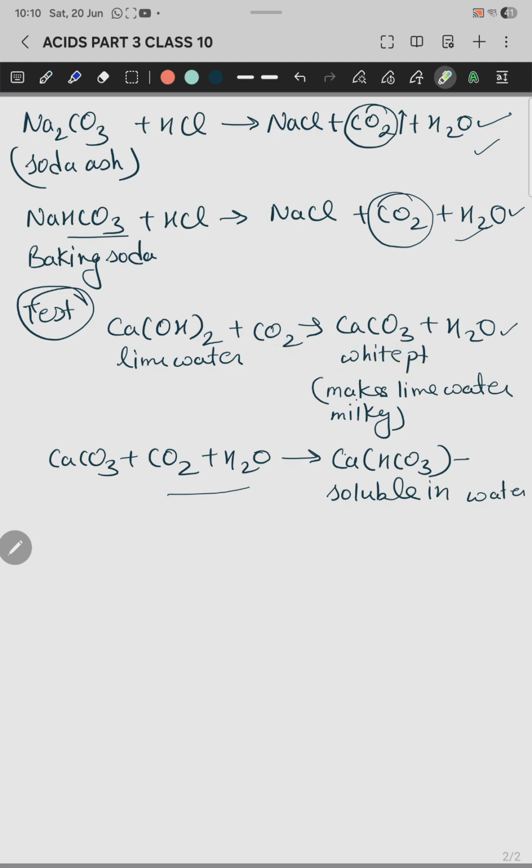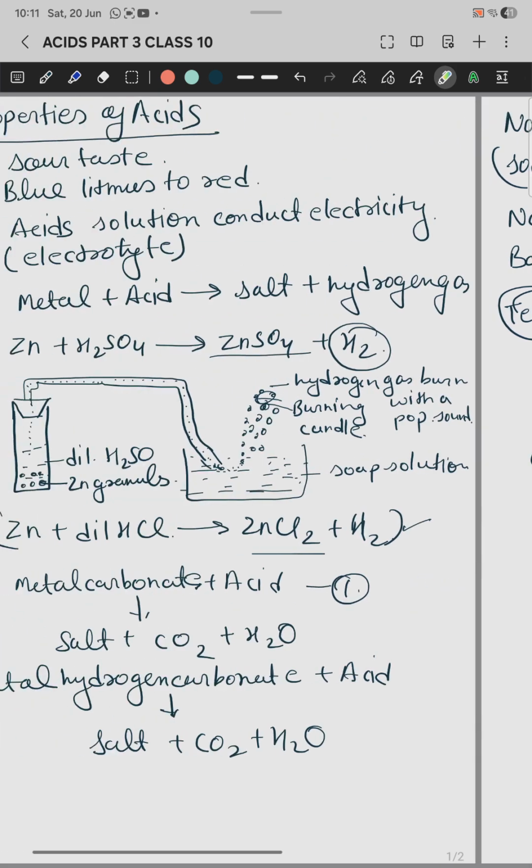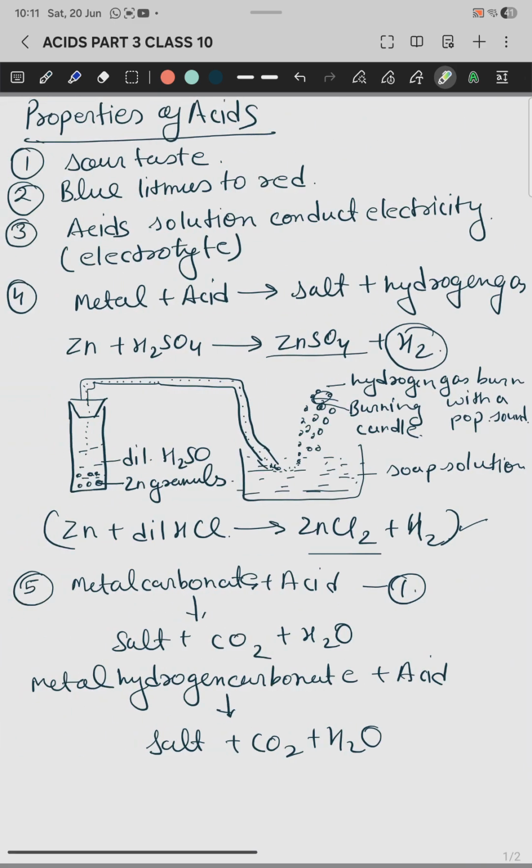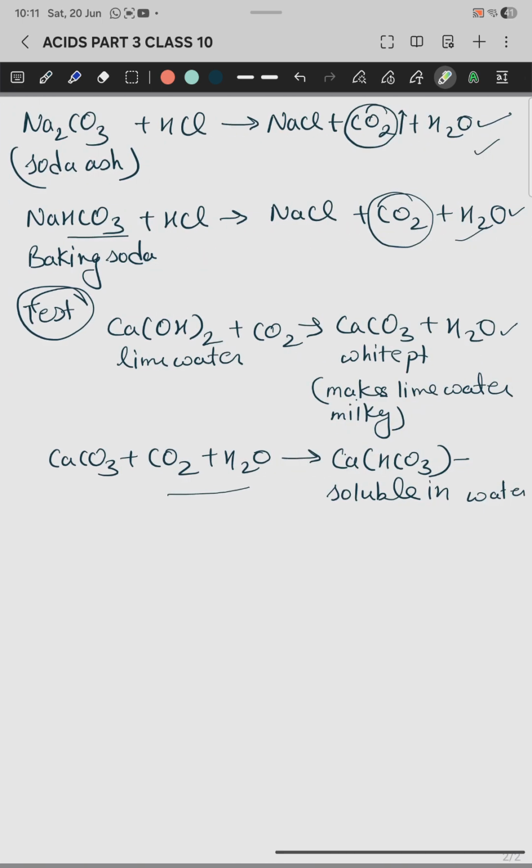Again we pass more carbon dioxide in the same solution, then we get a soluble, clear substance, and the milkiness disappears. So this is the way to find out whether carbon dioxide is present or not. This is the fifth one.